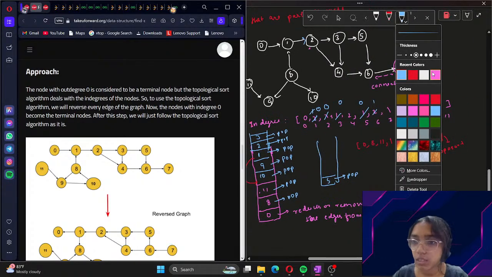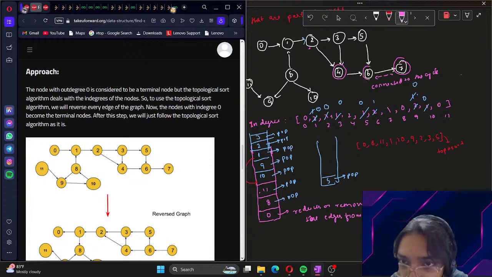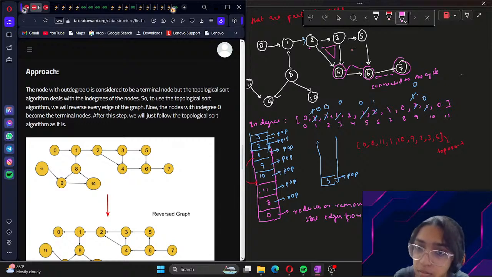Okay. See here that we didn't consider the nodes 4 and 5, because on considering these two nodes, it will form a cycle.